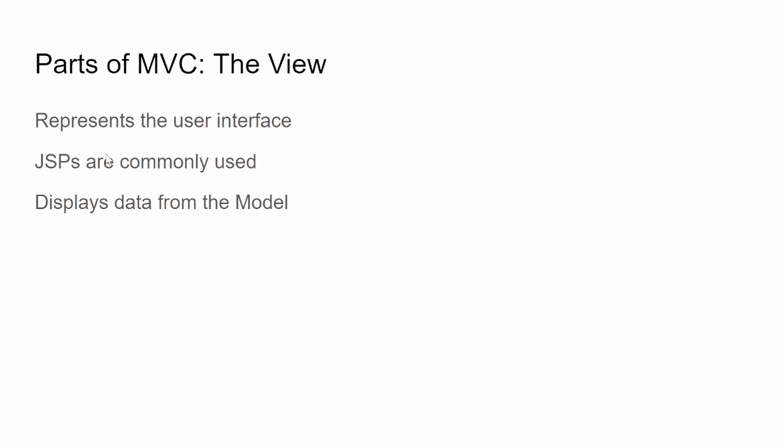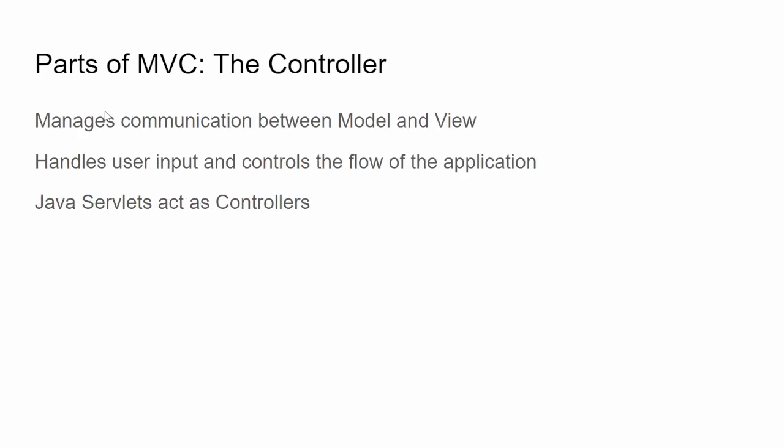JSP files are commonly used because they integrate HTML and Java in one, and it displays the data from the model. Then the controller, it manages the communication between the model and view. It handles moving the input from the front end to the back end, the view to the model.